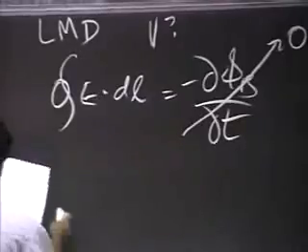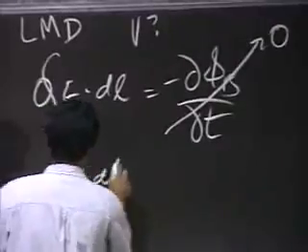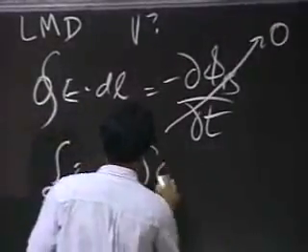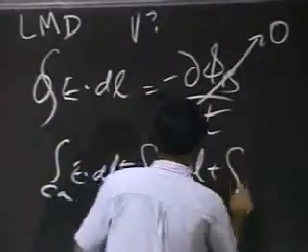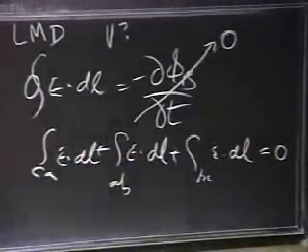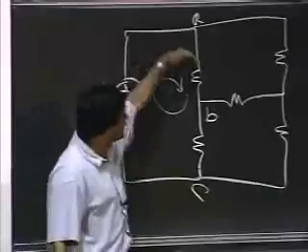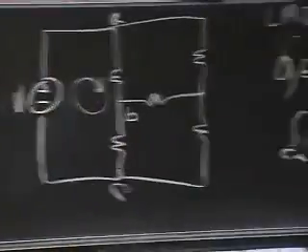So under these circumstances, I can write this. I can break up this line integral into 3 parts across the voltage source and across the 2 resistors and write that down.